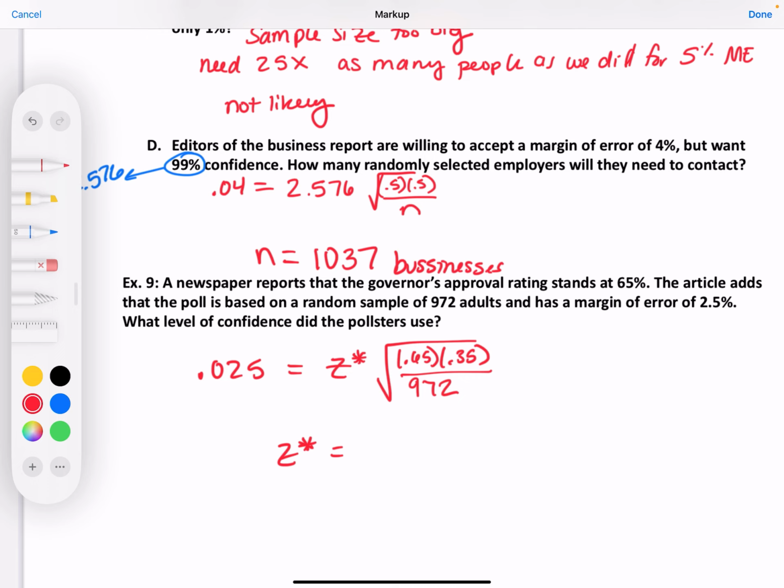I got 106.8. You did 0.025 divided by that. Yes. Wait, do you take the square root of this number? No, I didn't. It's a little far off from what that answer should look like, because it should be something along the lines of a number like 1 point something or 2 point something.